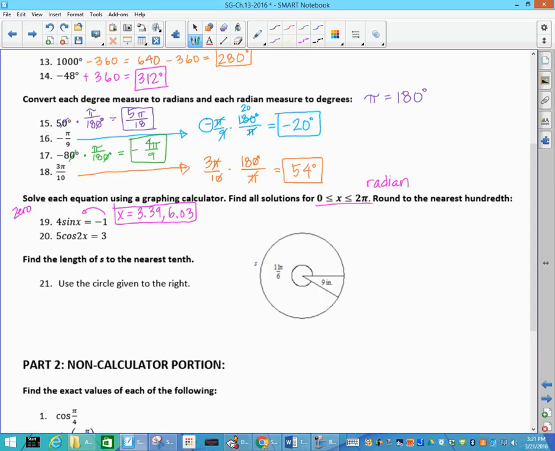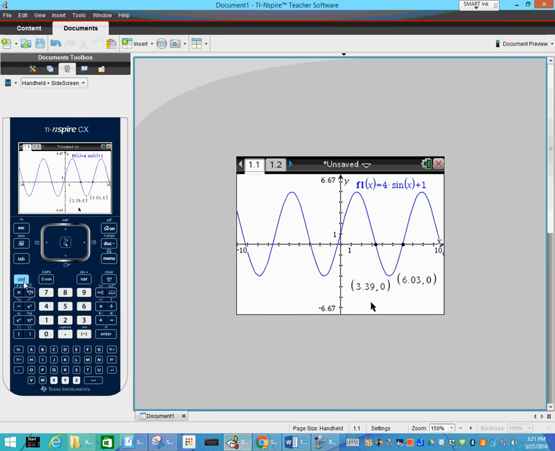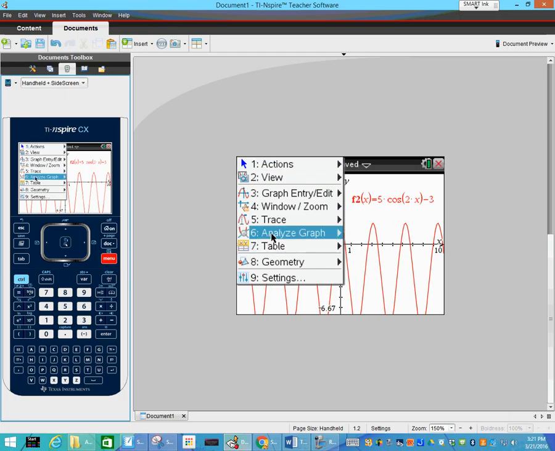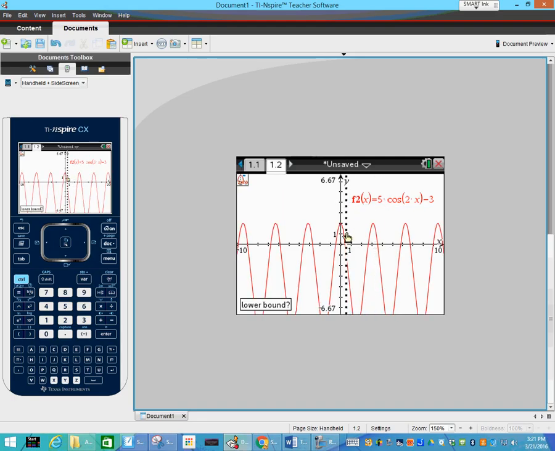All right, let's look at the next one on our graph. It's 5 times the cosine of 2x minus 3, because I've got to set it equal to 0. So I took the minus 3 to the other side, 5 times the cosine of 2x minus 3. Now I need all of these zeros, so I'm going to hit Menu, Analyze, 0. That one is close to this number.